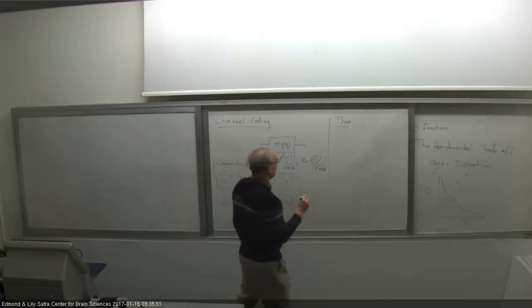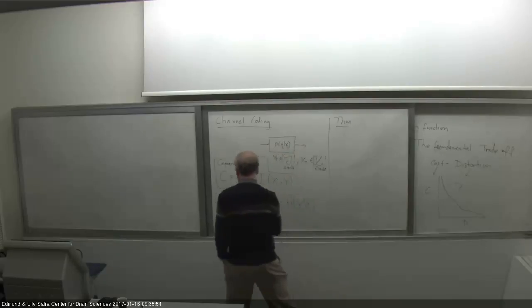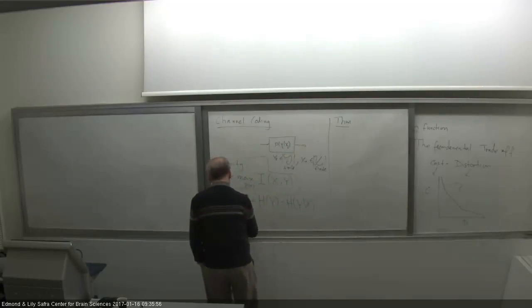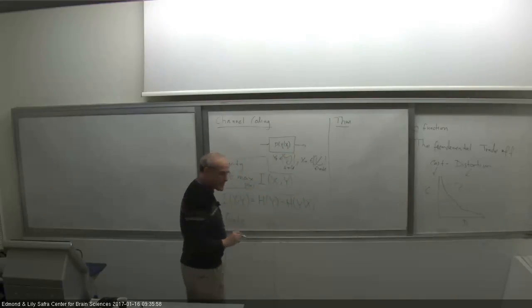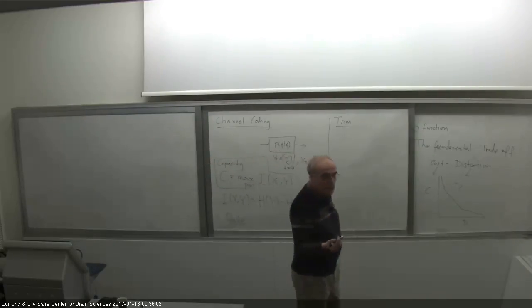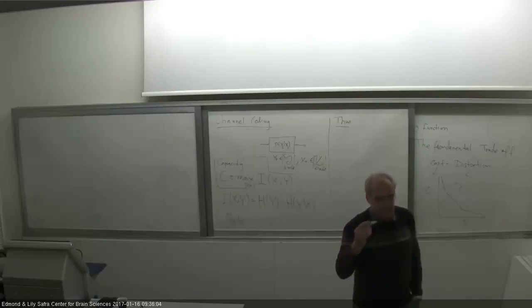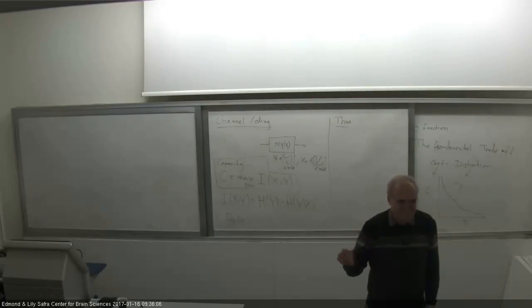So there's something very important which I need to define. The rate, and again, I'm defining it in a very sloppy way right now, is essentially the log of the number of messages that I can send through the channel asymptotically divided by time.